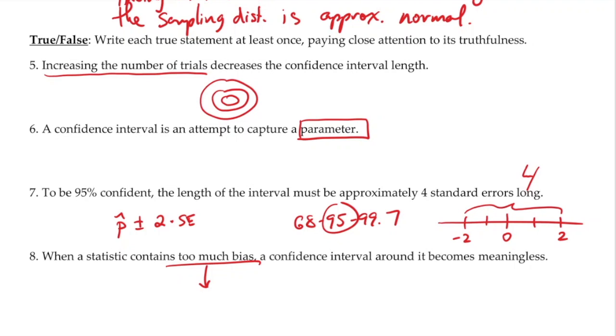The principle is you can't fix bias. What you've got to do is try to eliminate it before the survey even happens, by either the way you select people to be in your survey or by the way you ask the question. But you cannot, after the fact, remove bias.